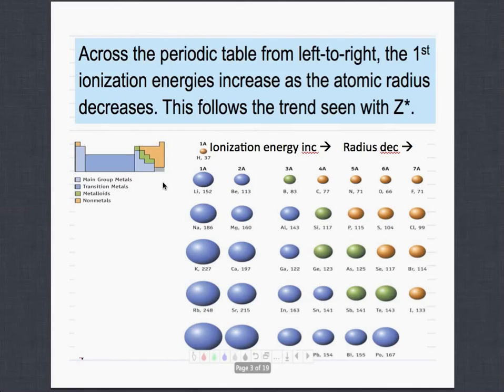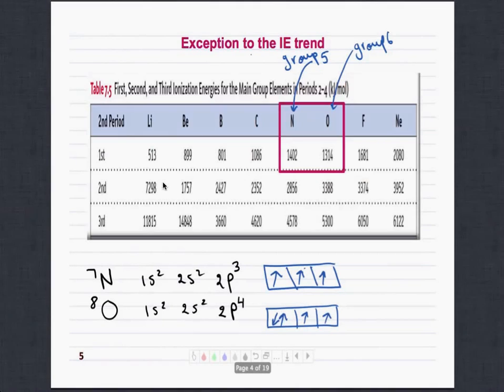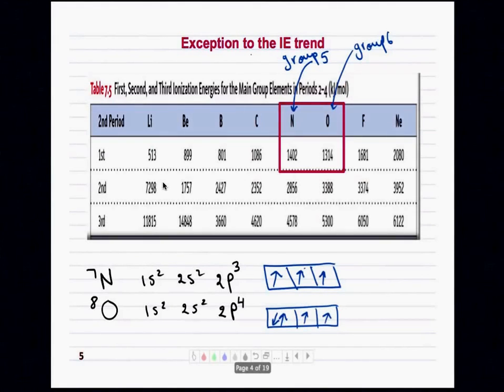Now, this is a very general trend. There are two exceptions that we're going to talk about. So, if we look at the nitrogen in this table, and I'm going to just highlight those two elements in here, the nitrogen and oxygen, we can see that the ionization energy, we said as we go this way, should get higher and higher.